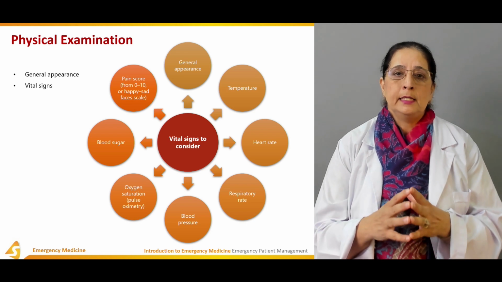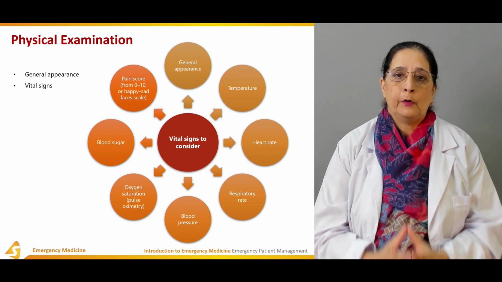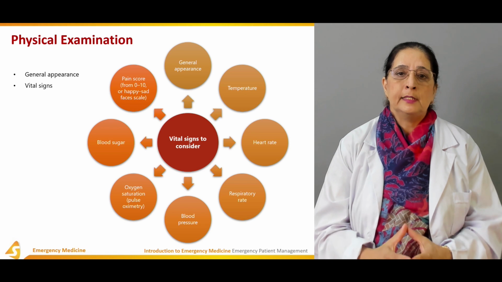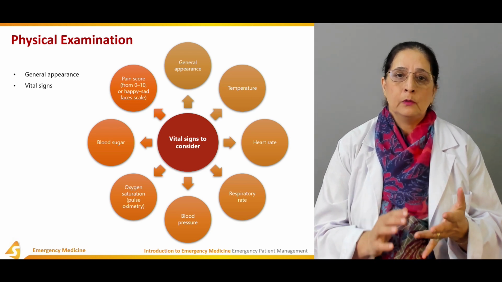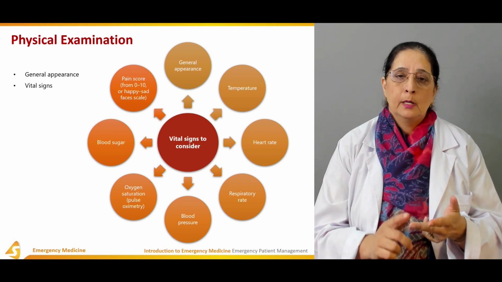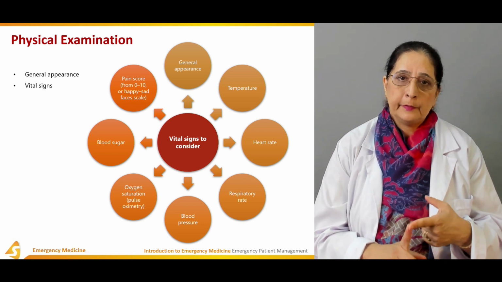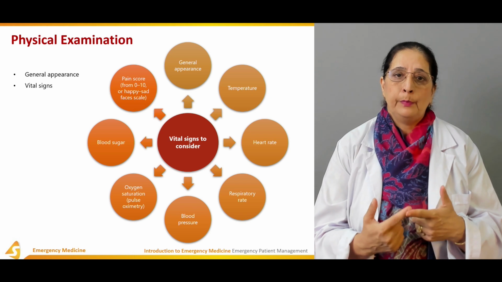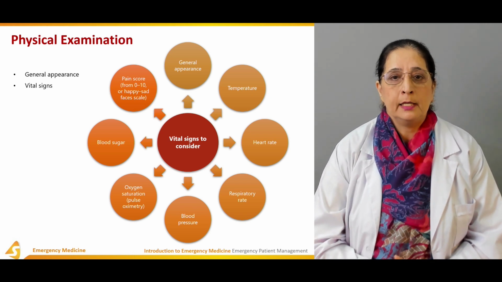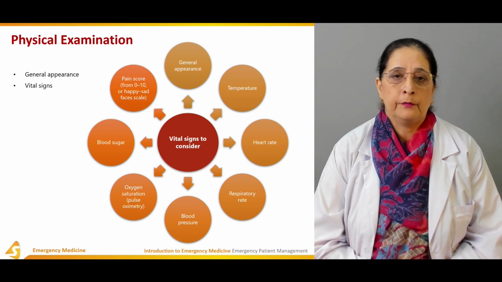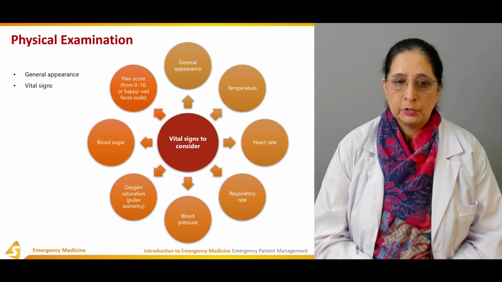All this is the vital signs, an important first step in the physical examination. Go for general appearance, look for the temperature, pulse, respiration, blood pressure, blood sugar level, oxygen saturation, and the pain score of the patient from 0 to 10.